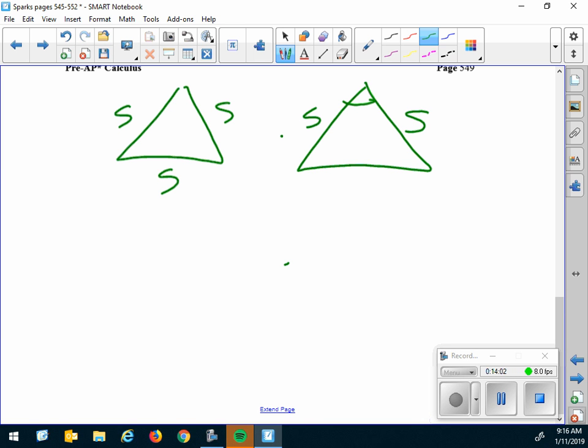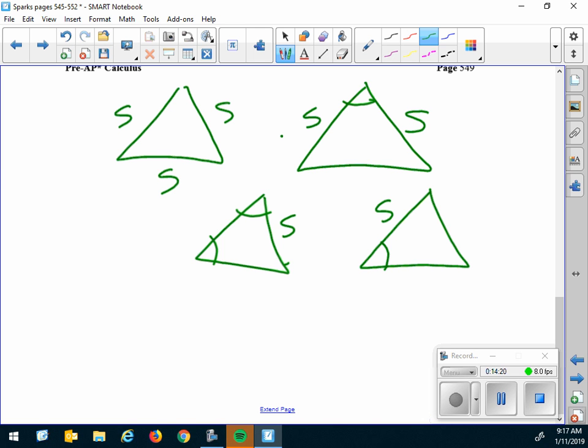We don't do side, side, angle at this point. I will teach you later how to do side, side, angle, okay? Angle, angle, side. There was one. Okay. And I believe there was angle, side, angle. Yes. Is that right? I think so.